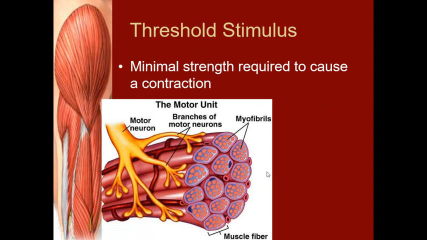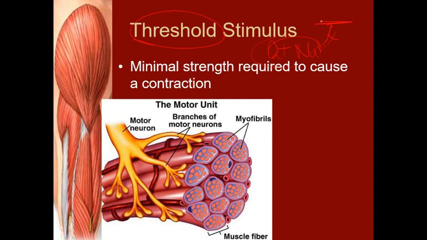What is the minimal strength required to cause a contraction? This is something we call threshold. All right. Threshold is this. I can send information like, you can release the calcium, you can release that sodium, you can do all of those things. But until you reach a certain point of that, you may still not have a contraction occur.